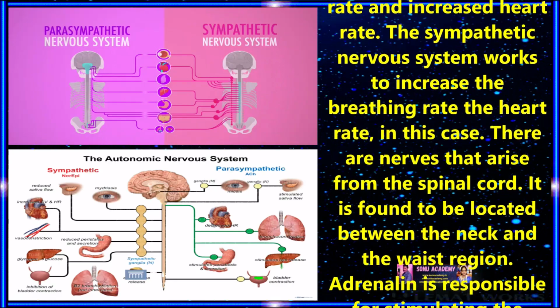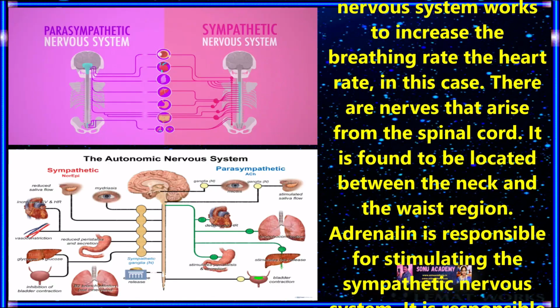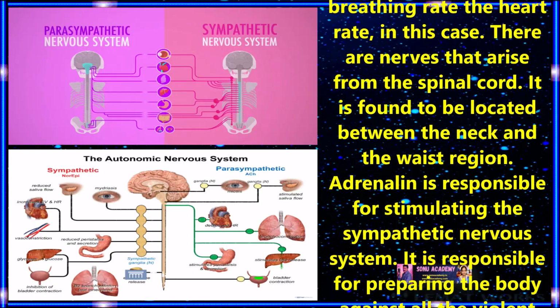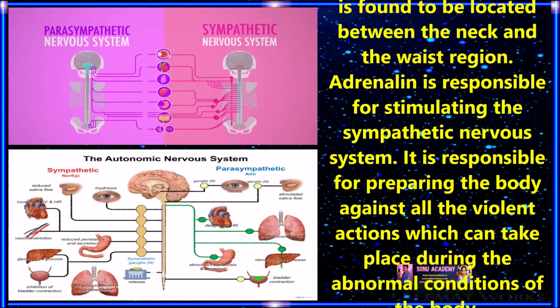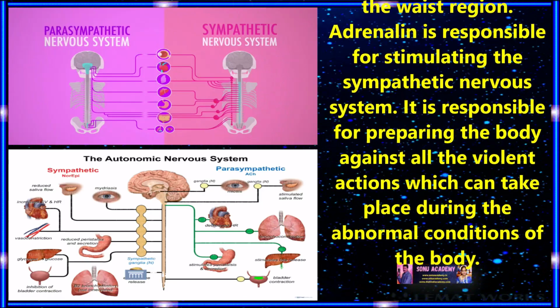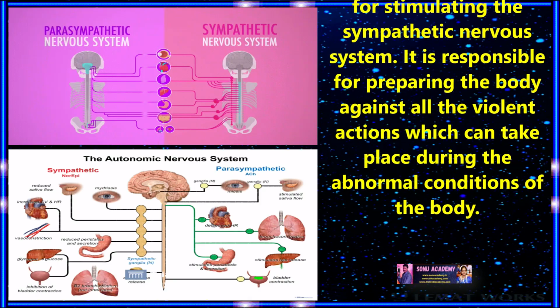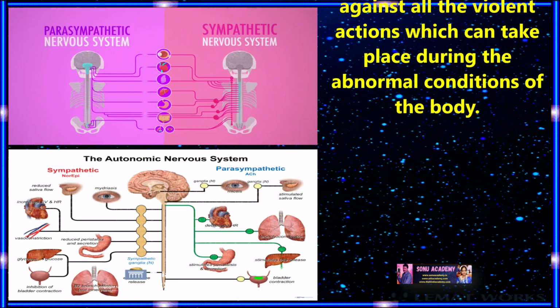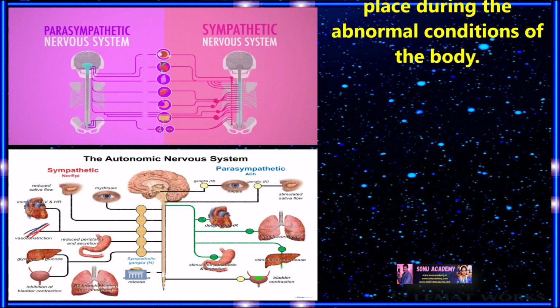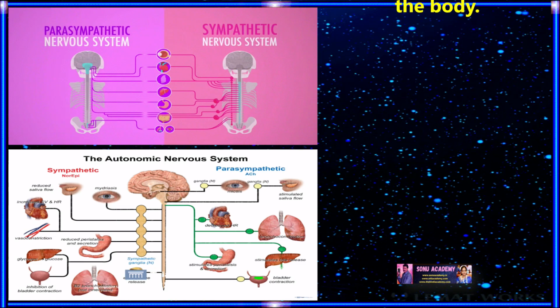In this case, there are nerves that rise from the spinal cord. It is found to be located between the neck and the waist region. Adrenaline is responsible for stimulating the sympathetic nerve system. It is responsible for preparing the body against all the violent actions which can take place during abnormal conditions of the body.